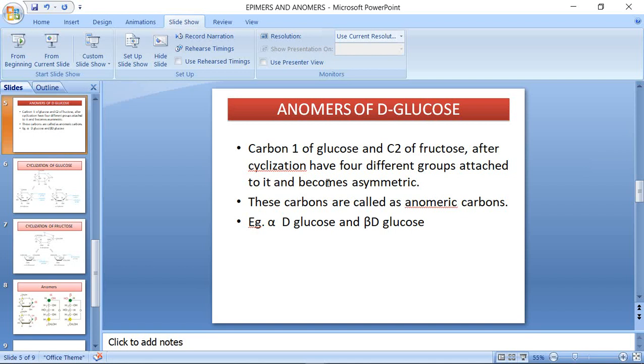So on seeing the difference in the orientation, you can name that glucose as alpha D glucose and beta D glucose. So these alpha form of glucose and beta form of glucose are said to be anomers.